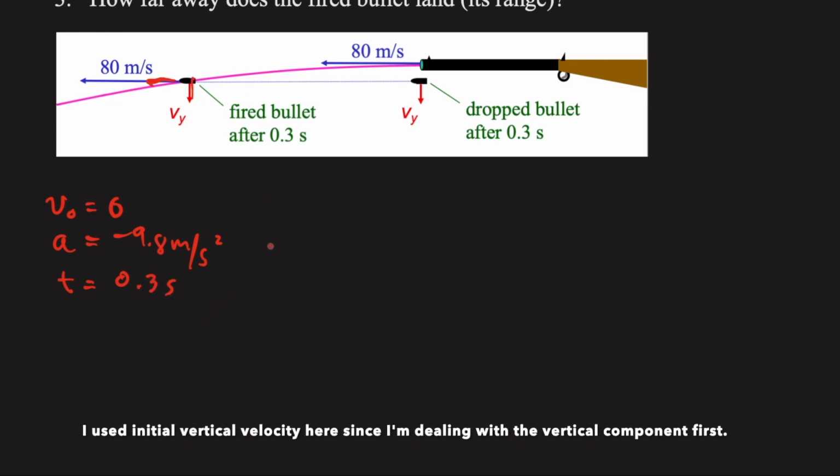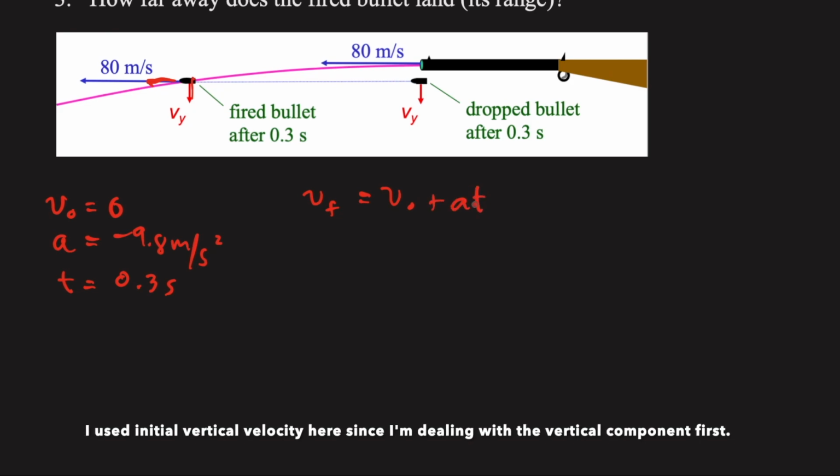Given these values, we can use the equation Vf is equal to V naught plus at. Since the initial velocity is 0, we can just cancel this one.